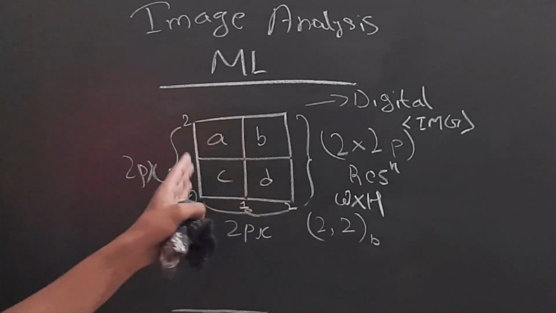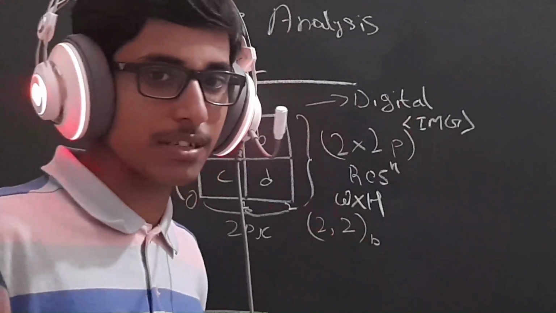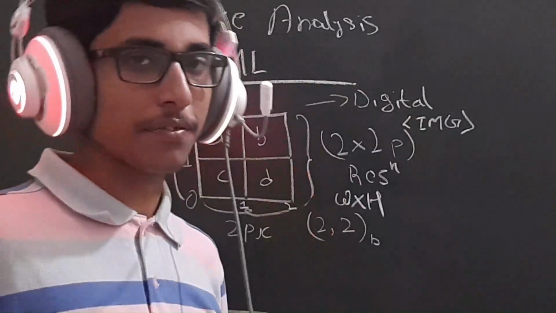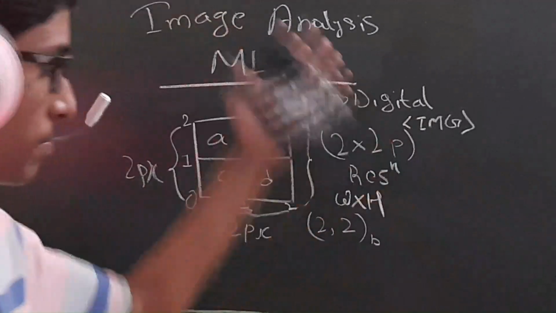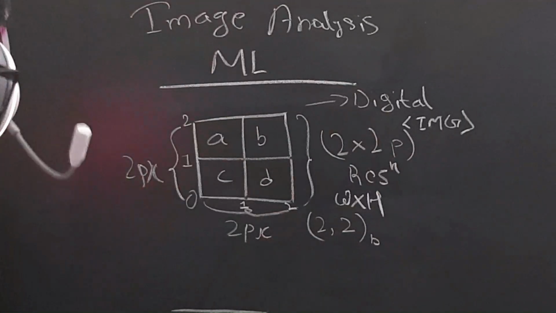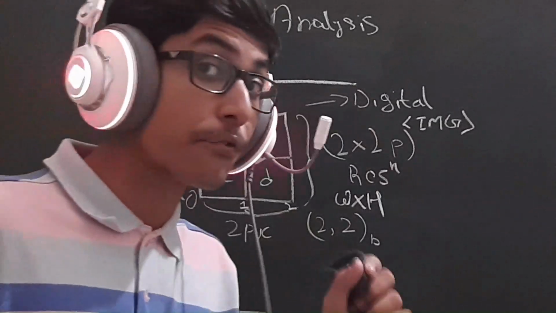We don't use names for every pixel because there are so many pixels in a digital image. This is just an example of a 2 by 2 resolution picture. In real life, your picture's pixel count may vary from 720 to 4K pixels. So you cannot name 4000 pixels, so you use coordinate systems to identify the location of every pixel.